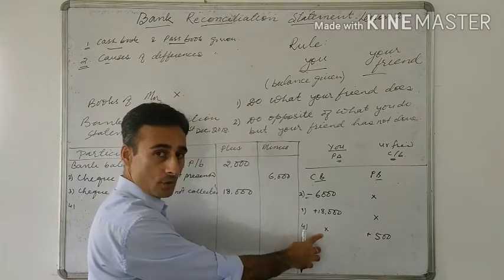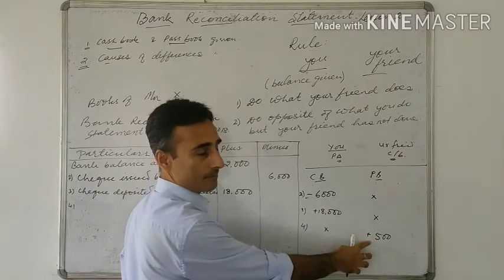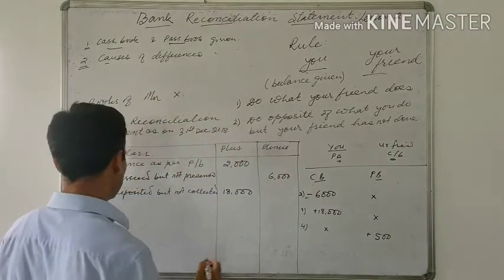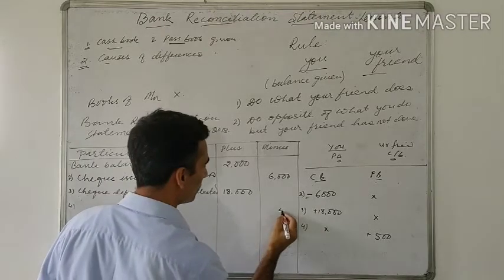Since your friend has not done anything, you have to do the opposite of what you have done. Here you have done plus 500, so this will become minus 500.